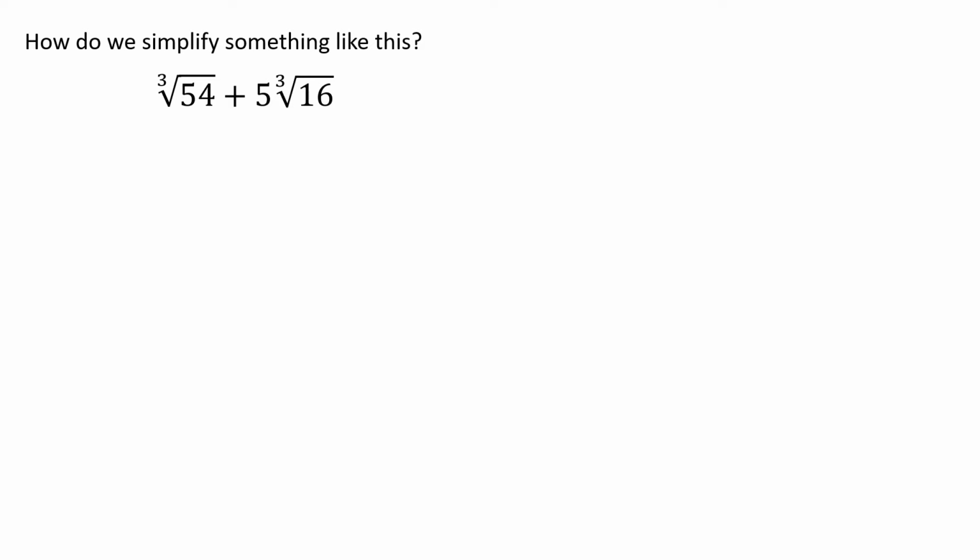All right, so if I've got the cube root of 54 plus 5 times the cube root of 16, what do I do? I can't take the cube root of 54. I can't take the cube root of 16. So what can I do? We can only combine like terms. So I'm thinking factor tree time.